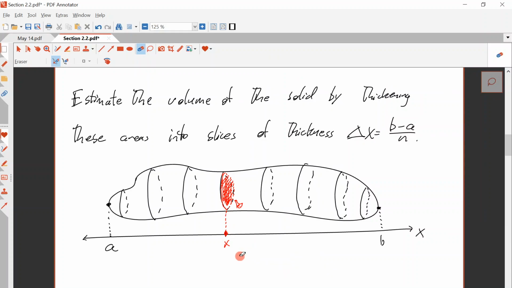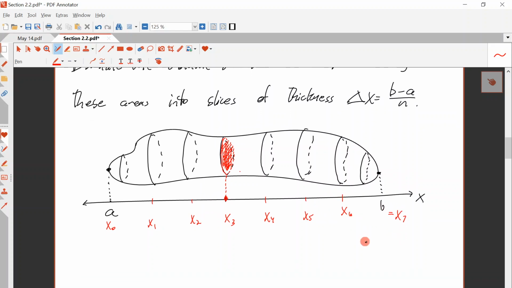All right. So you've got a equal to x0, and then this is x1, and then this is x2, x3, x4, x5, x6, x7, say.